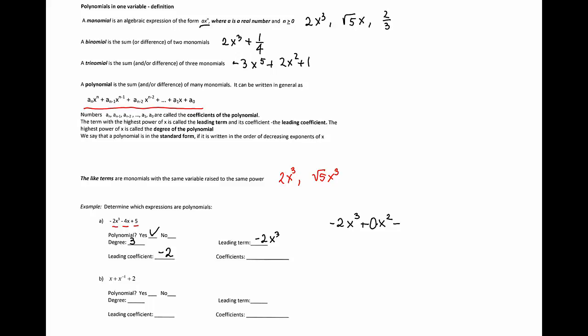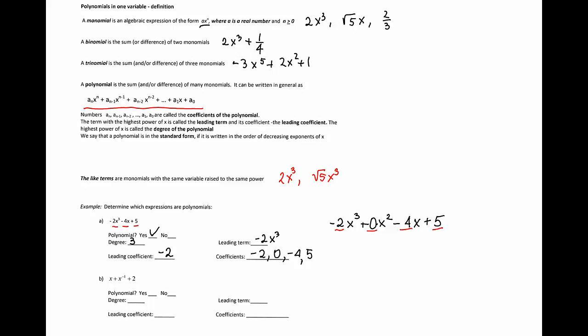The next term is the term with x, so it's negative 4x, and then x to the 0, which is 5. So the coefficients are the numbers that stand in front of the powers of x, and therefore the coefficients are negative 2, 0, negative 4, and 5.